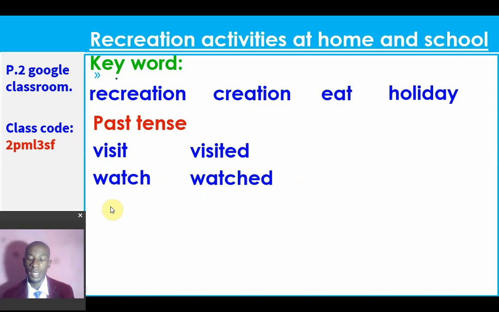Then we have a word like read. Some verbs, they remain the same, whether in the past tense or in the present tense. So now read remains the same spelling, but the pronunciation changes. Do you know how we form the past tense?